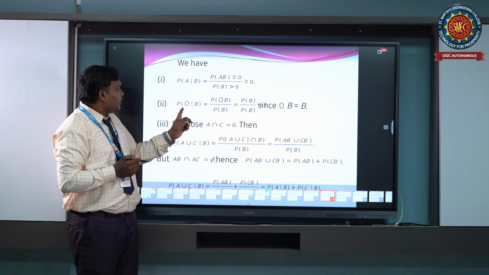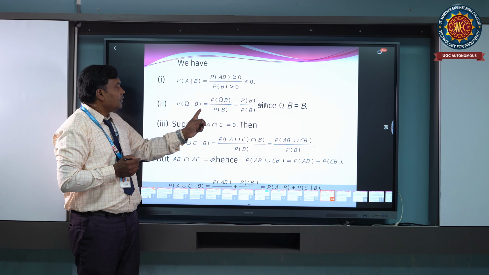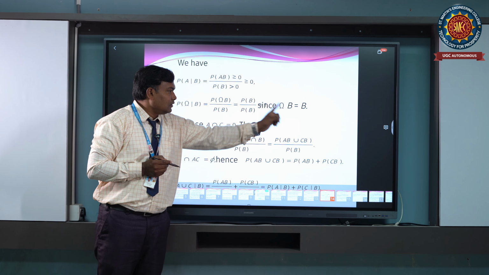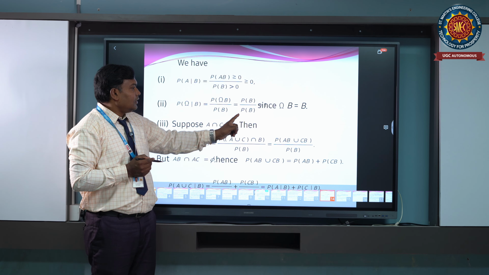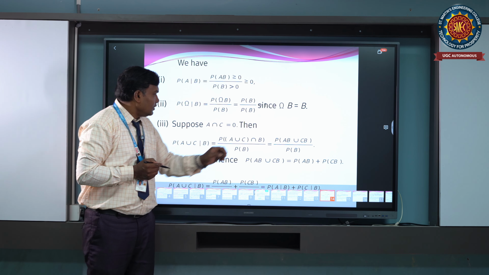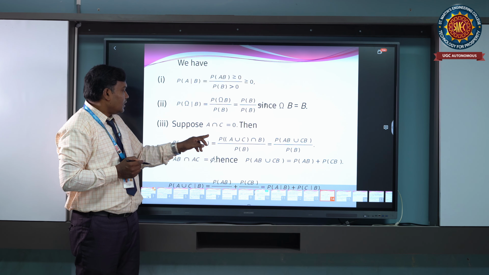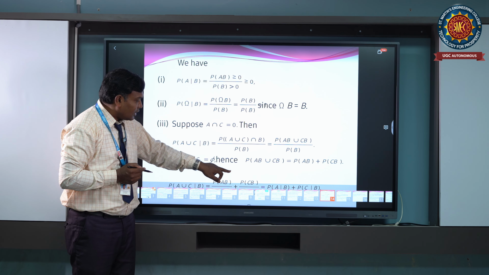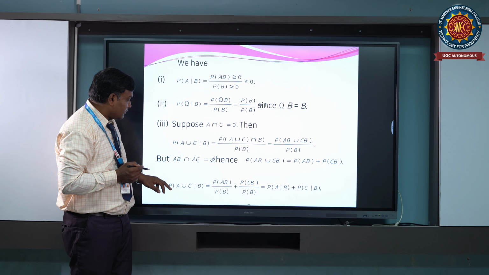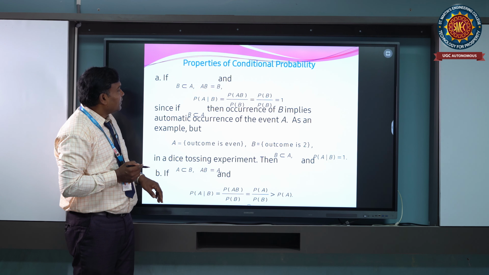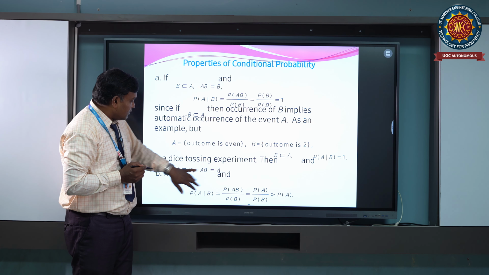Next, the probability of omega given B is probability of B by probability of B, which equals 1. If A intersection C is 0, the events are mutually exclusive. These are some properties of conditional probability.